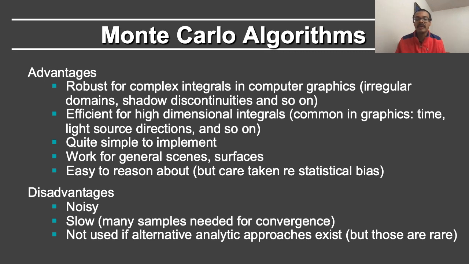Furthermore, the Monte Carlo algorithms are often quite simple to implement. They work for general scenes and surfaces, and they are relatively easy to reason about. However, care must be taken in terms of statistical bias. In practice, there is a lot of care to ensure your Monte Carlo algorithms are unbiased and do in fact produce the correct result.